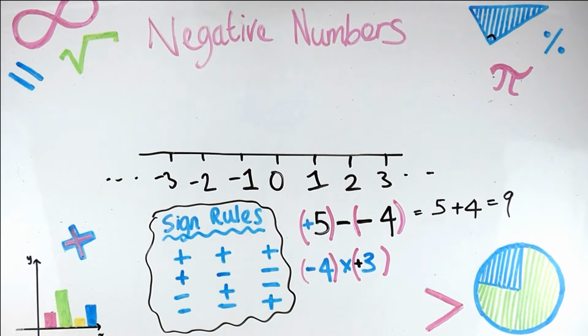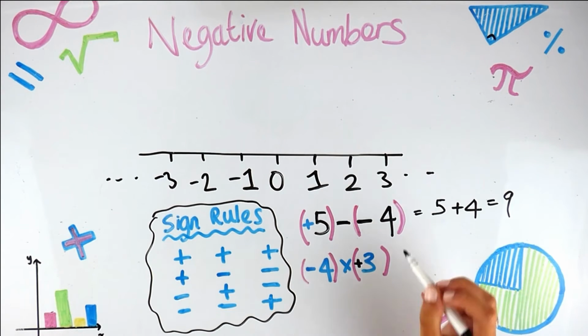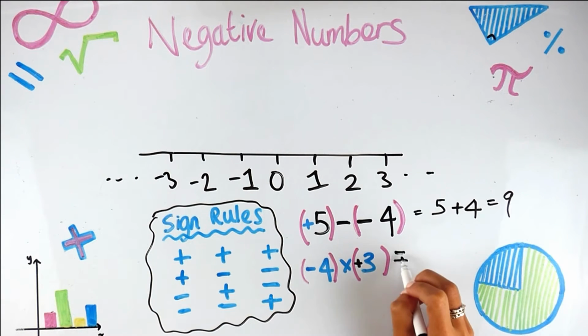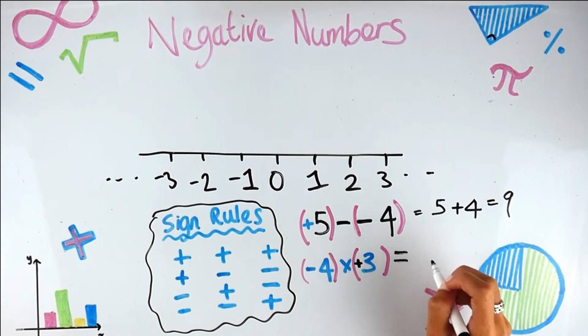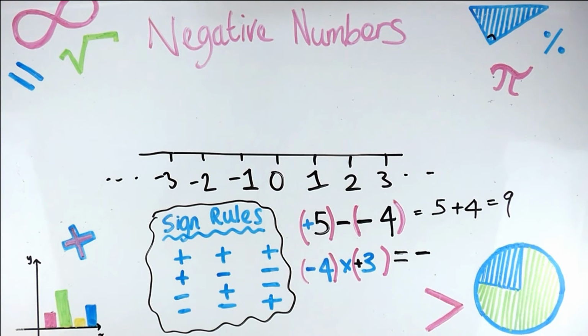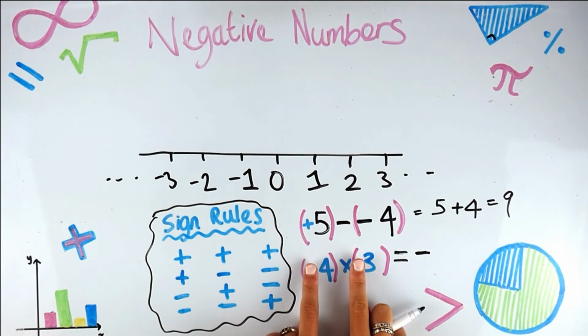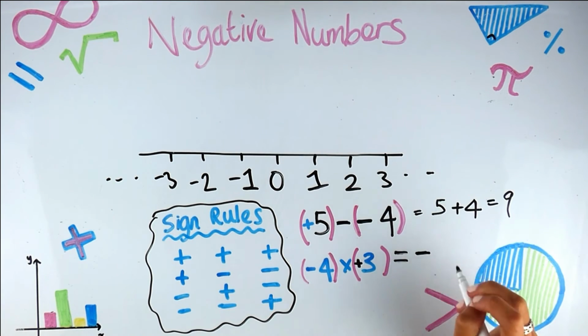The trick when doing multiplication is to deal with the signs separately to the numbers. So let's do the signs first, but don't forget about the signs. The signs are very important. Got to follow the signs. It's a sign. So if we say signs first, we have a negative 4 multiplied by a positive 3. They're different, so we're going to get something negative. We've dealt with the signs, now deal with the numbers. 4 multiplied by 3, 12.